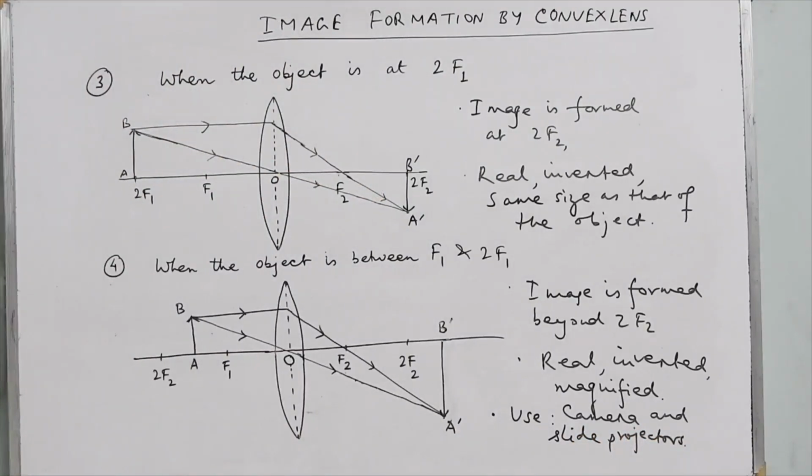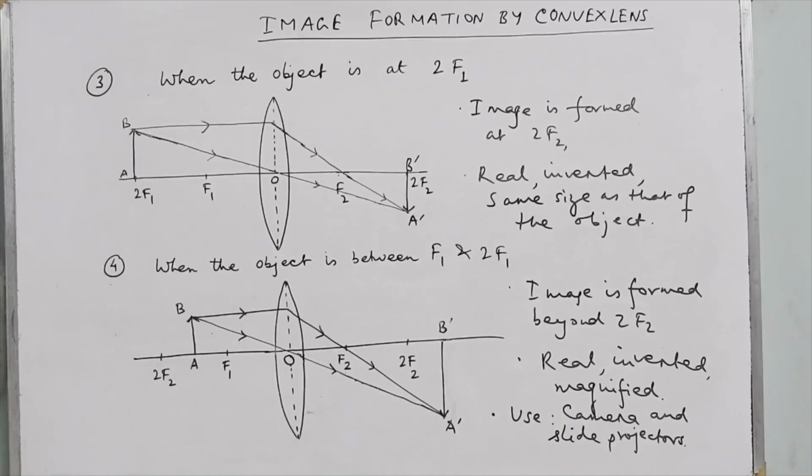In the case of a slide projector, the slide is generally placed just beyond the focus in the upside down position, so that we can obtain an erect image on the screen. Because in this case we already obtain an inverted image, the slide should be placed just beyond the focus in an upside down manner, so that we receive an erect image on the screen.